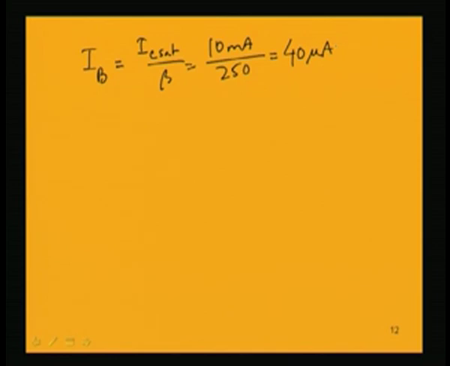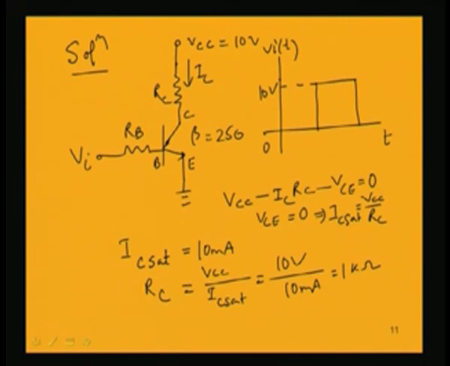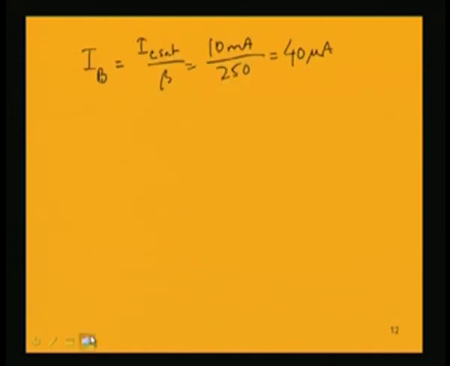So, now we have to have a condition where IB is greater than 40 microampere to ensure saturation. Here, as we have to design RB for ensuring saturation, let us assume an IB which should be more than 40 microampere, and conveniently let us choose IB equal to 60 microampere.